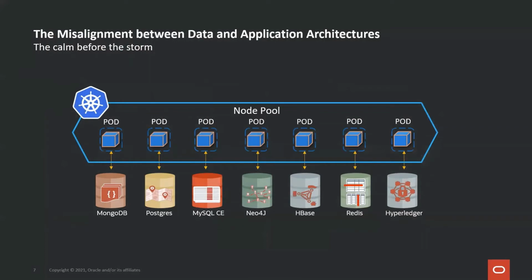There's a misalignment between data and application architecture. Here we have a bunch of different applications created to solve specific problems, and the development teams have chosen whatever data store they want to use to build. They want to write their apps in whatever they want to write them in, and they want to deploy those apps in Kubernetes.